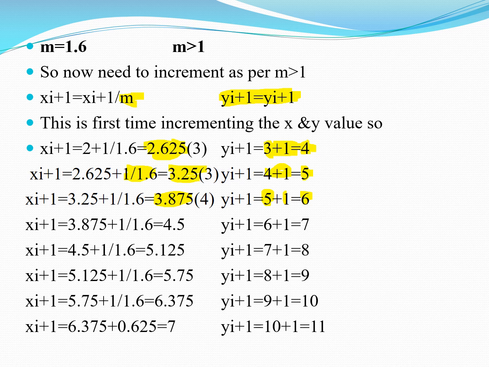If the slope value is greater than 1, then we increment the x value by x i plus 1 upon the slope value, and y is incremented by 1 again and again until we get the final pixel value. In the question it's 7 comma 11, so we reach this iteration. Now the DDA algorithm has to stop here because we get the final pixel value.